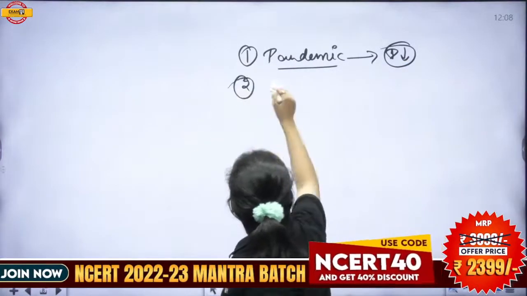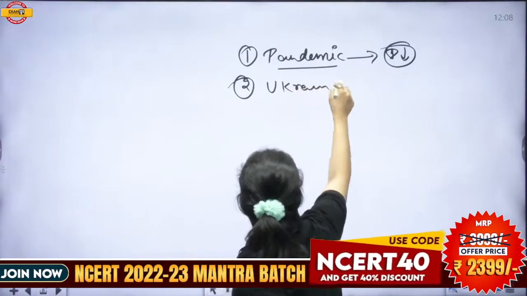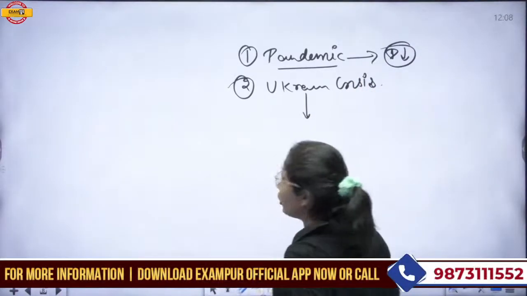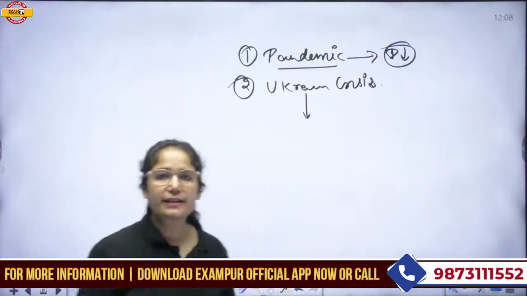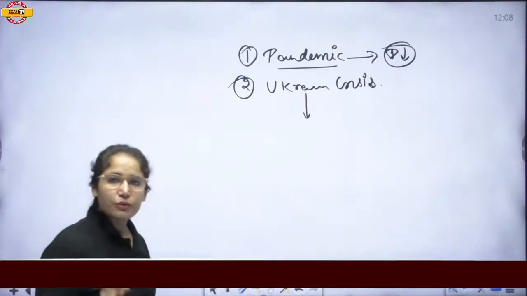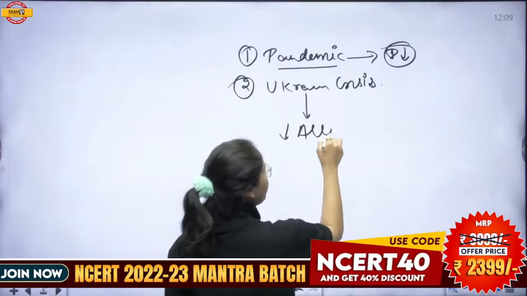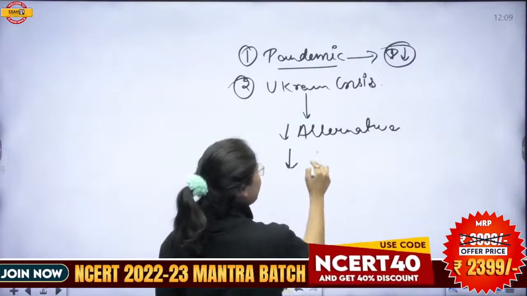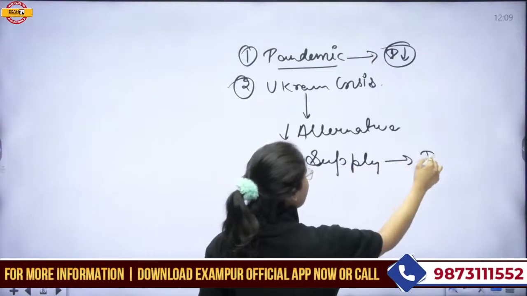But second, the invasion of Russia on Ukraine, the Ukraine crisis, I would say. This has distorted the varieties of energy sources we used to use. So we are seeing a decline in the alternatives plus a decline in supply, which is raising the price.